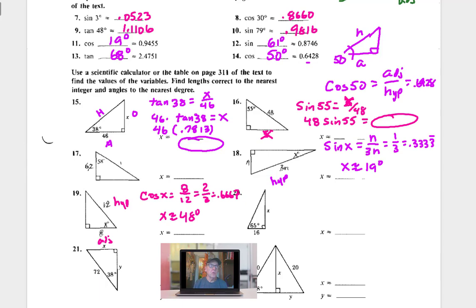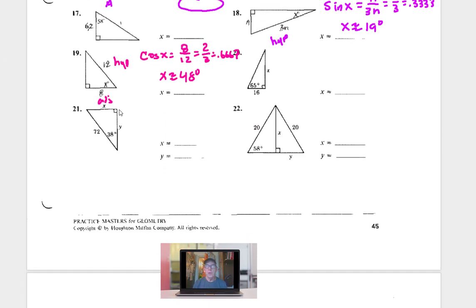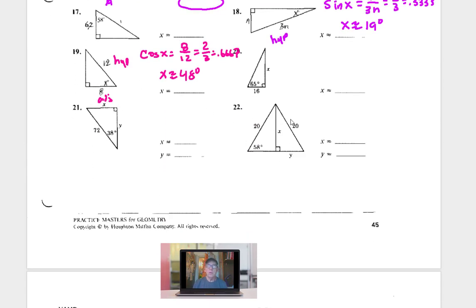Okay, let's do one down here on the bottom. Let's do number 22. So we've got to find x and y. Now this is an isosceles triangle, 20, 20, 58. This is also going to be 58 over here, congruent base angles. And in this triangle, if we're using this 58-degree angle, this is an adjacent side. This is the hypotenuse. And this is opposite.